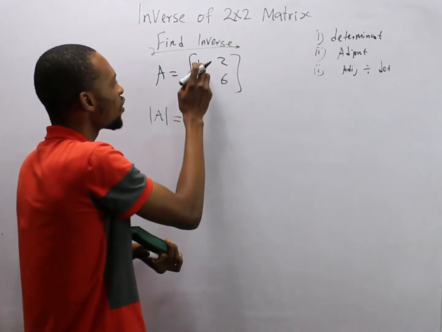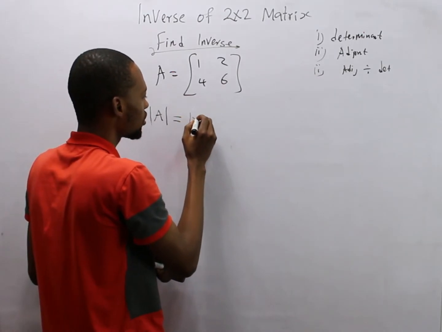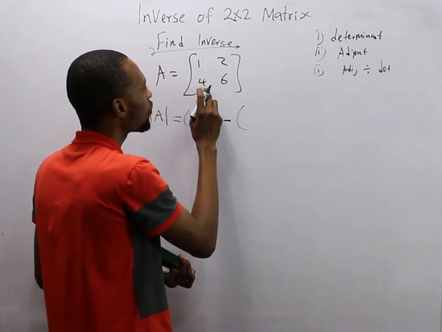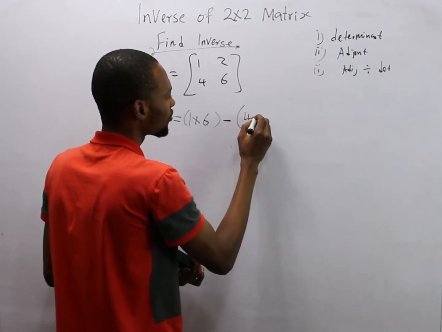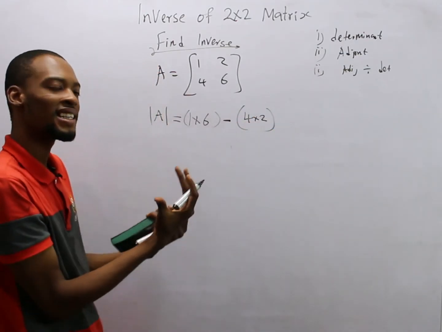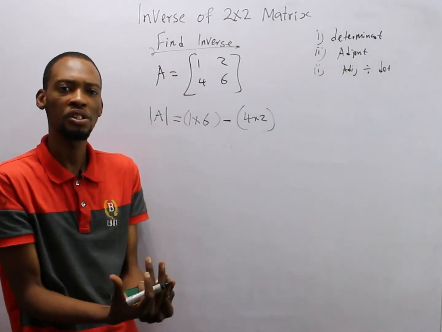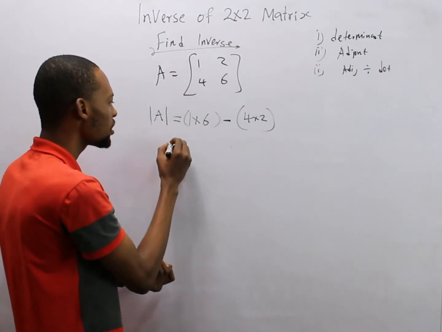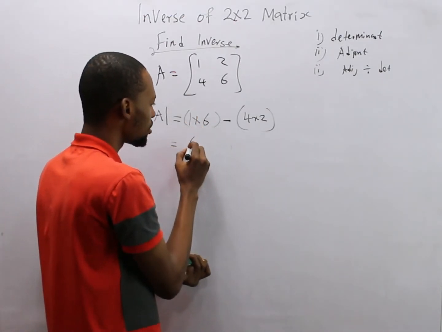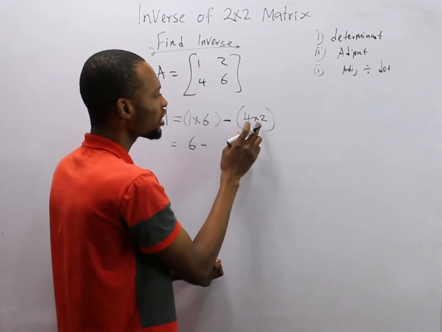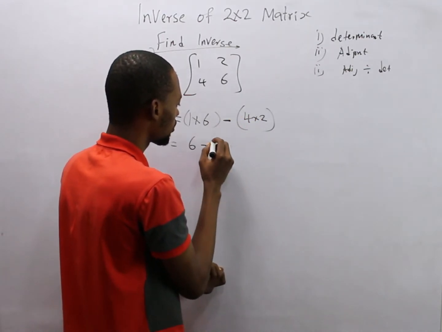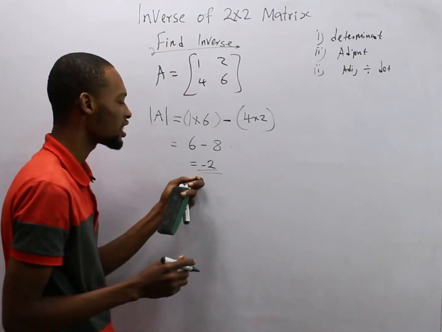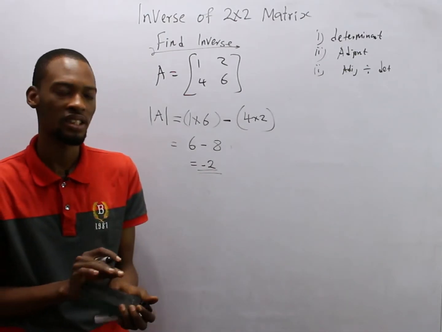So we say 1 times 6 minus 4 times 2. You cross multiply and subtract. 1 times 6 is 6, minus 4 times 2 is 8, which equals minus 2. We've gotten the determinant.